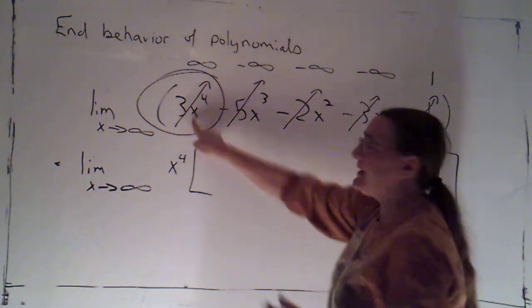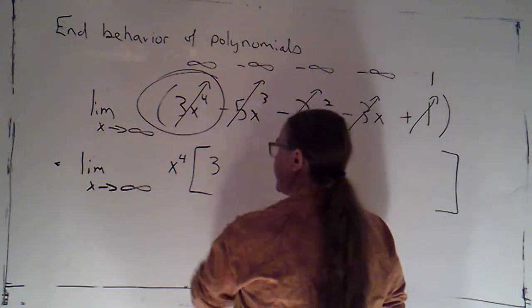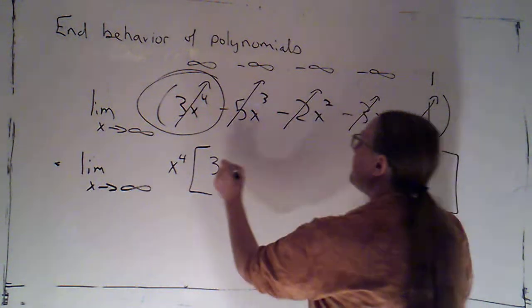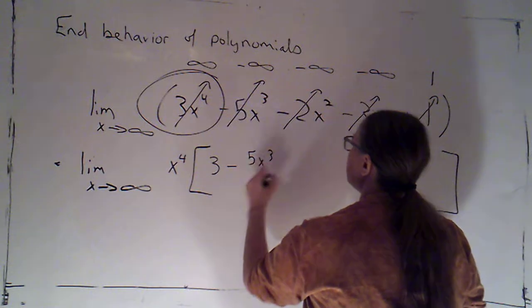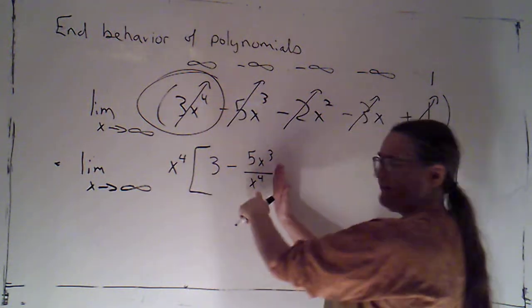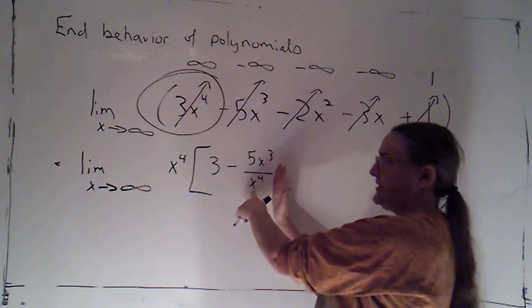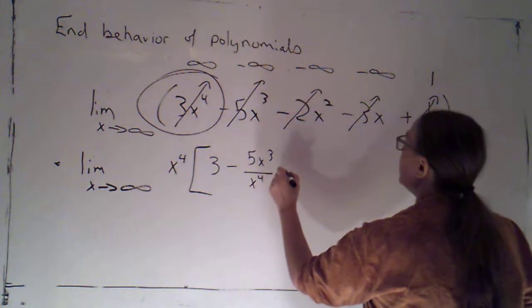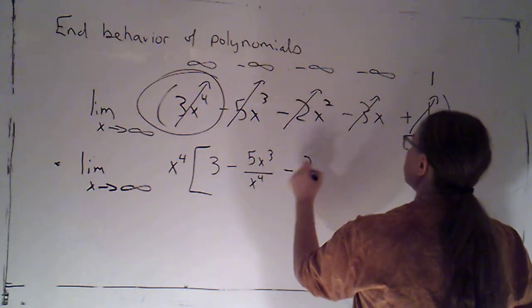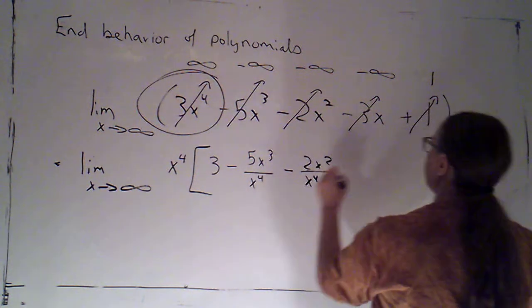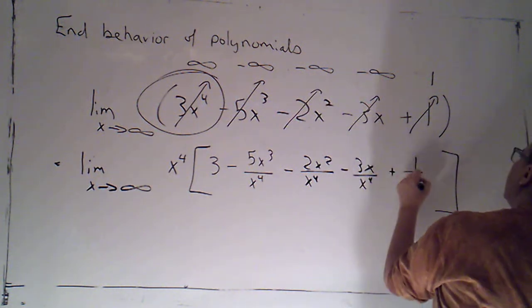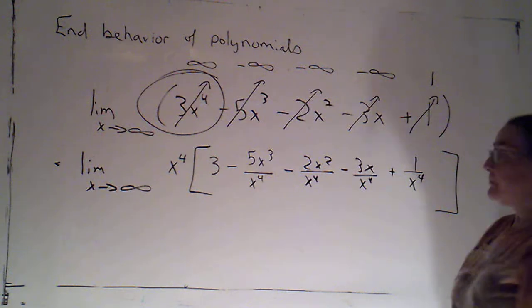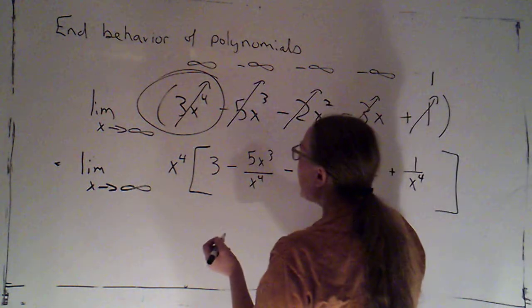Now, if I do that here, what's left over is a 3 minus, I'm going to just write this out, 5x cubed over x to the 4th. If I'm factoring out an x to the 4th, I'm basically dividing by the x to the 4th. So, minus 2x squared over x to the 4th minus 3x over x to the 4th plus 1 over x to the 4th. Okay, excellent.